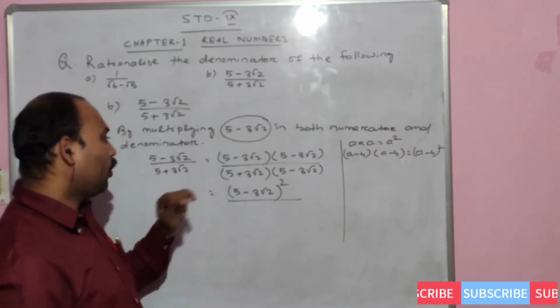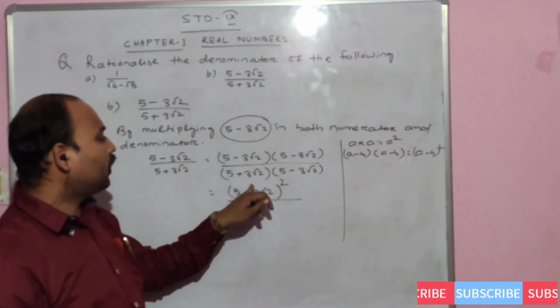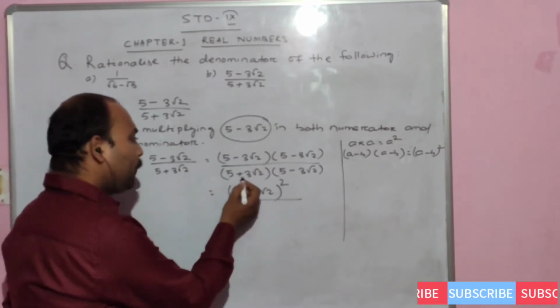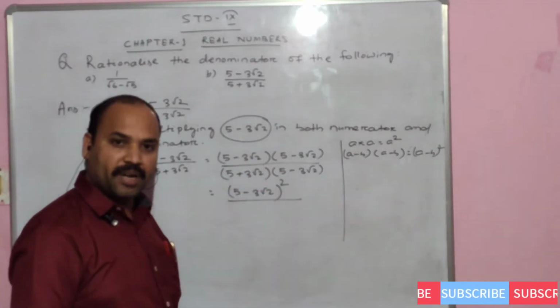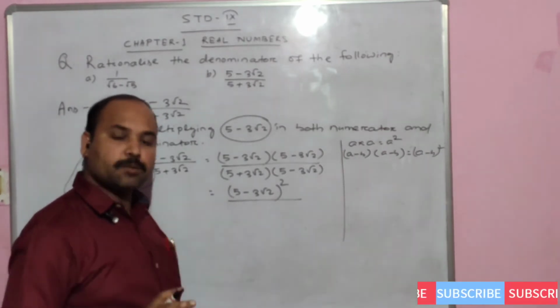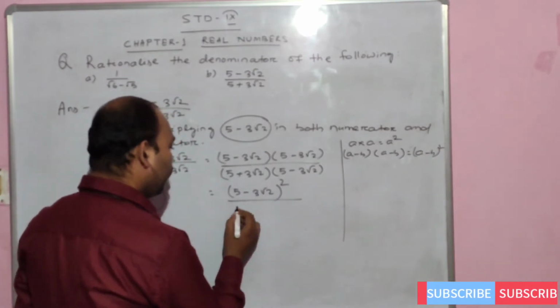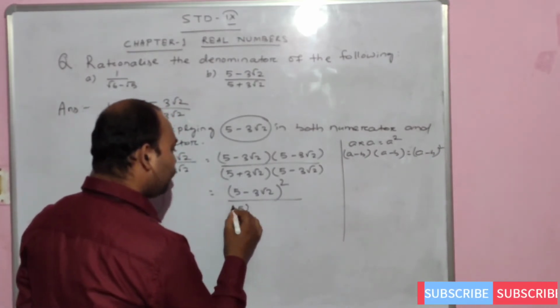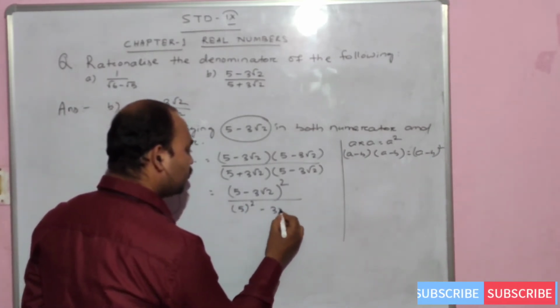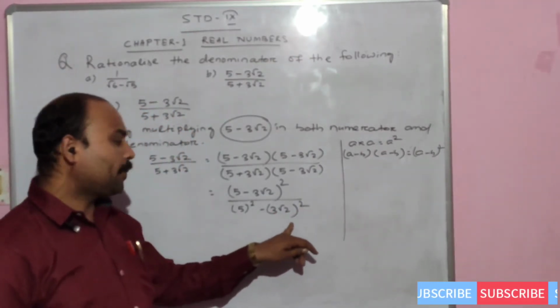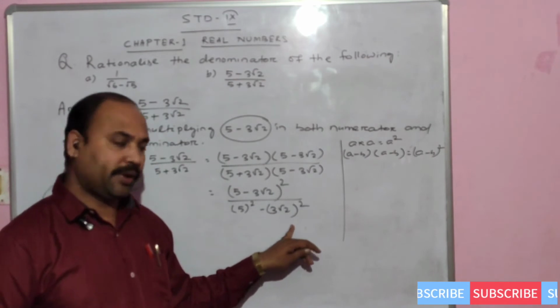The same process will apply here. (5 + 3√2) into (5 - 3√2) means (a + b) into (a - b), so it is the formula of a square minus b square. So we will write here 5 square minus (3√2) whole square.